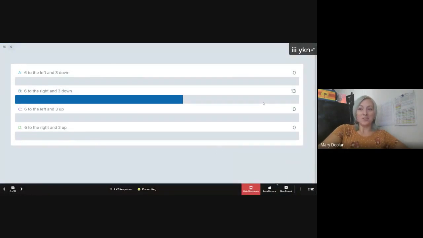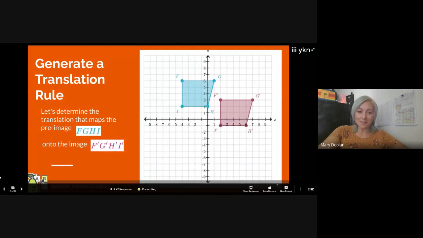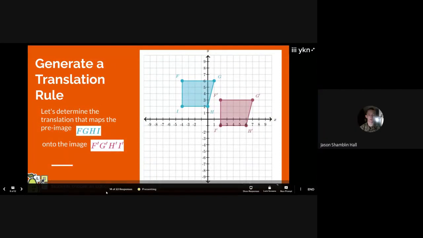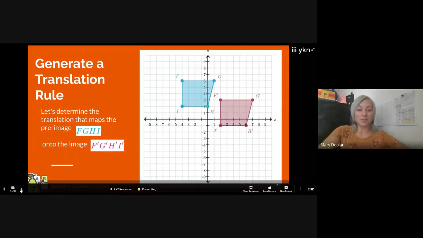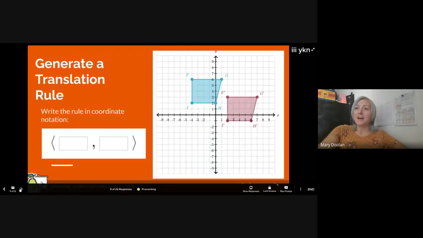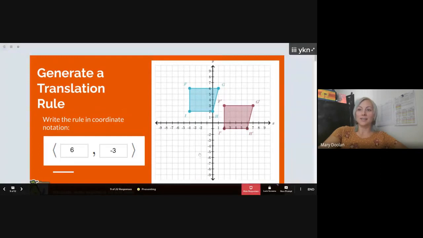Awesome, 13 of you got it correct. Proud of you guys. Okay, that is correct. So if we go 6 to the right and 3 down... I said nobody got it wrong. Nobody did. That's really good. The next part is to take it to the next step and write that rule in coordinate notation. Okay, 6 to the right, 3 down. What does that look like?